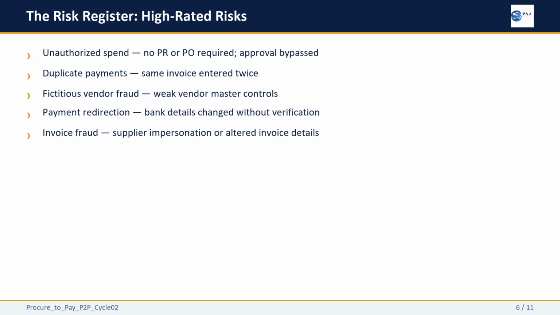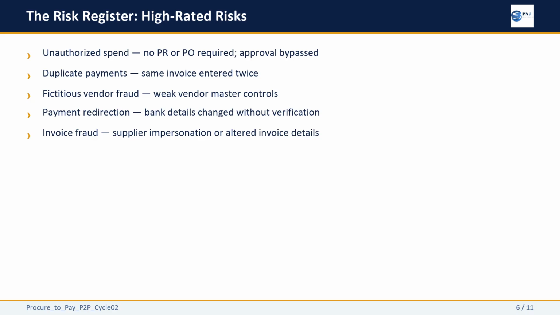The P2P risk register identifies 8 risks across 2 levels. 5 are rated high. Unauthorized spend happens when the PR and PO requirements are bypassed. Someone buys first and raises the paperwork later, or not at all. Duplicate payments occur when the same invoice is entered twice without a prepayment duplicate check. Fictitious vendor fraud exploits weak vendor master controls.